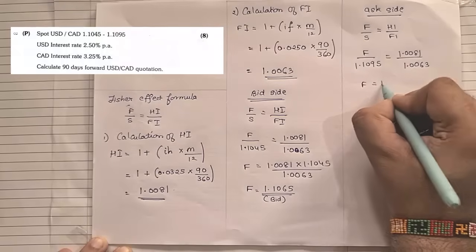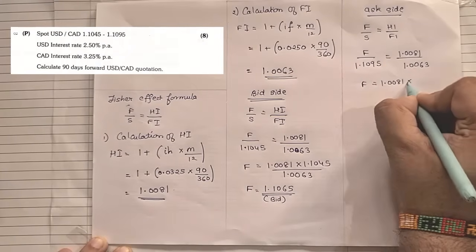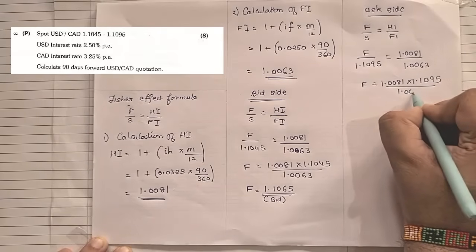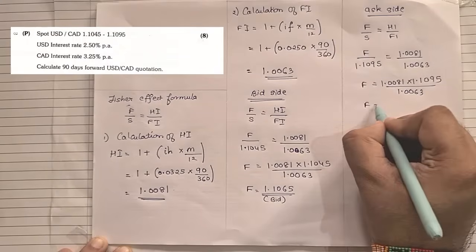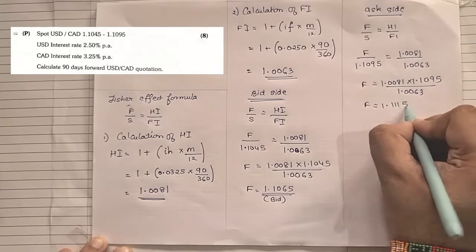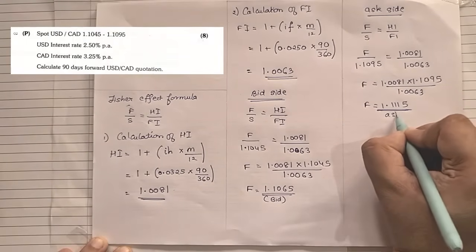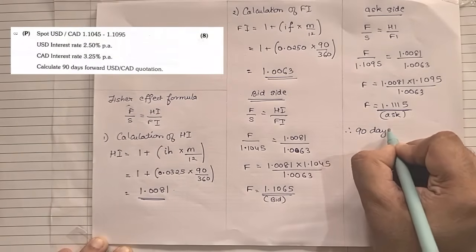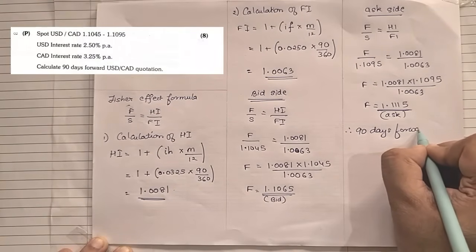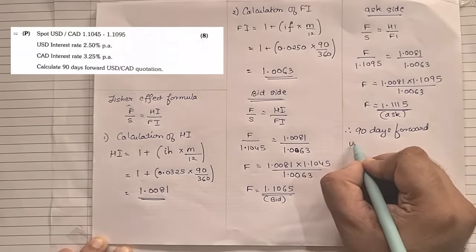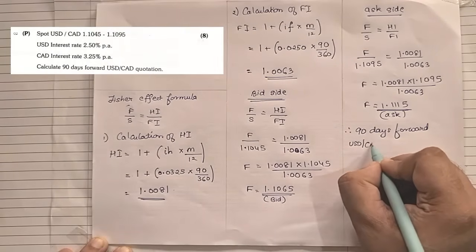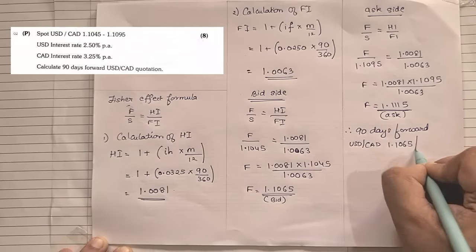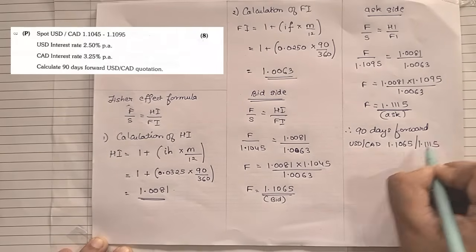So F is equal to 1.0081 into 1.1095 upon 1.0063. Therefore we should get a forward rate of 1.1115. This is nothing but my ask rate. Therefore my final answer, the 90 days forward USD to CAD, is 1.1065 slash 1.1115.